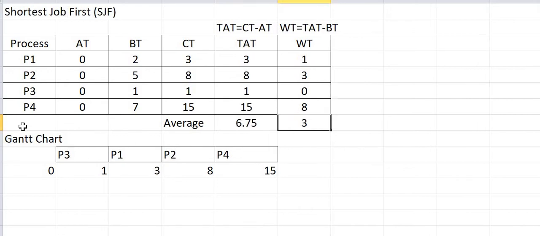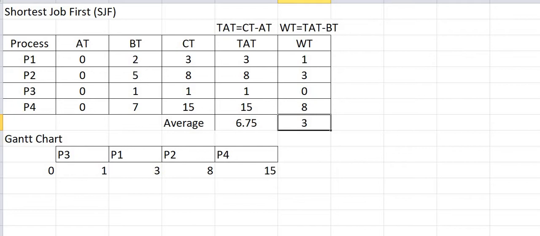So if we look into the shortest job, the turnaround time is also reduced, the waiting time is also reduced. So this SJF gives better results than the FIFO algorithm.